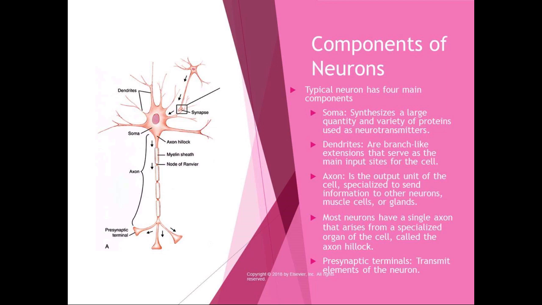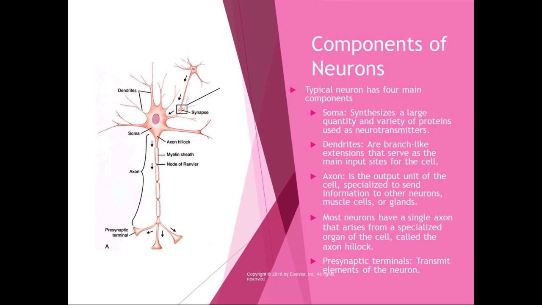So a typical neuron has four main components: the soma, the dendrites, the axon, and the presynaptic terminal. So the soma is the body of the neuron. And it's the cell body, basically. And so when we see gray matter in imaging or in photographs, the gray matter is the soma and the dendrites of the neuron. The dendrites are the receiving station for cells.